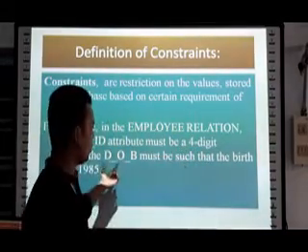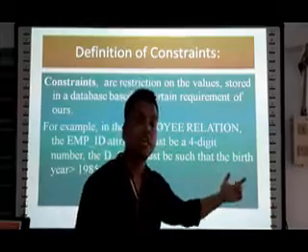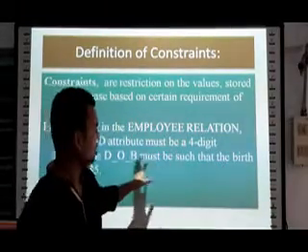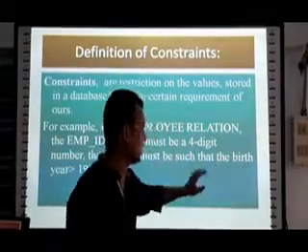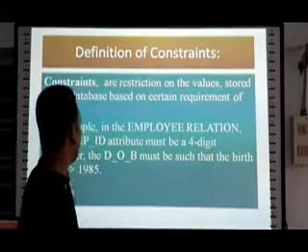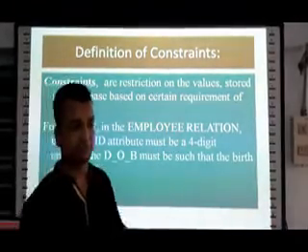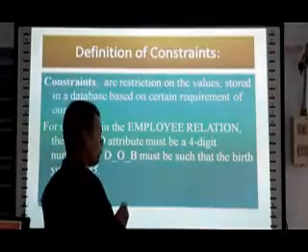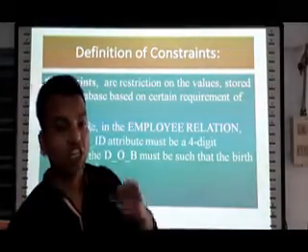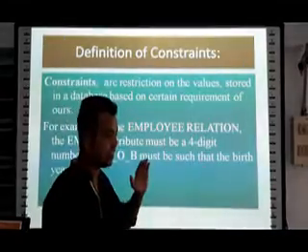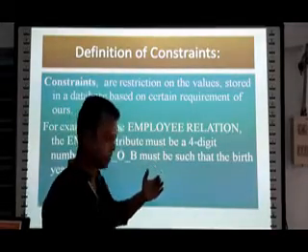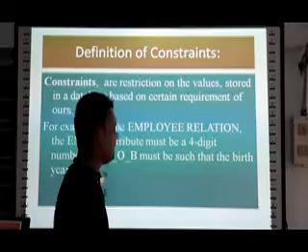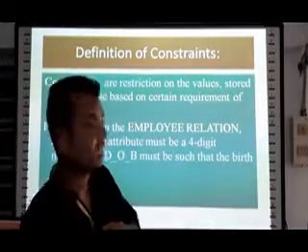Apart from this, the date of birth should also be restricted. The date of birth should have a constraint in such a way that it should always be greater than 1985. That means the employee who is going to join the organization should have a date of birth after 1985.